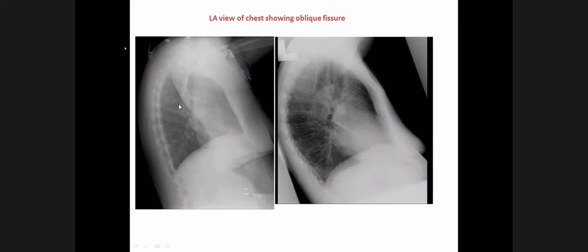In practice, if you look at the lateral only, and there is no frontal view, and there is a pathology in this area, you are not able to see if the pathology is in the right or in the left, because both are superimposed or overlap in this area.